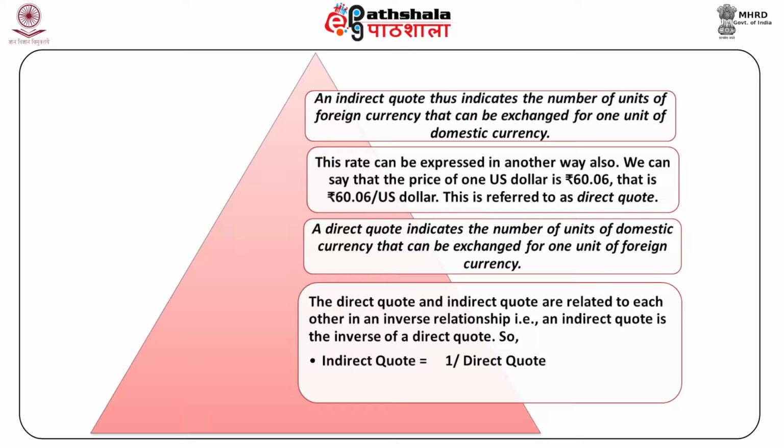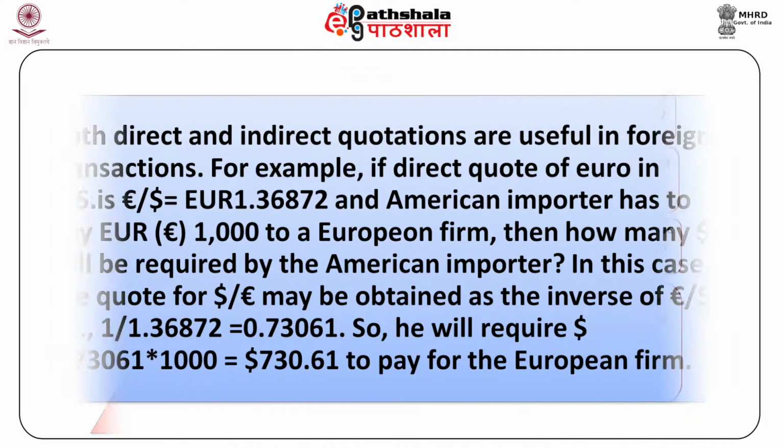The direct quote and indirect quote are related to each other in an inverse relationship. That is, an indirect quote is the inverse of a direct quote. So, in a formula we can show it: indirect quote is equal to 1 divided by direct quote. This formula shows an inverse relationship between the two.